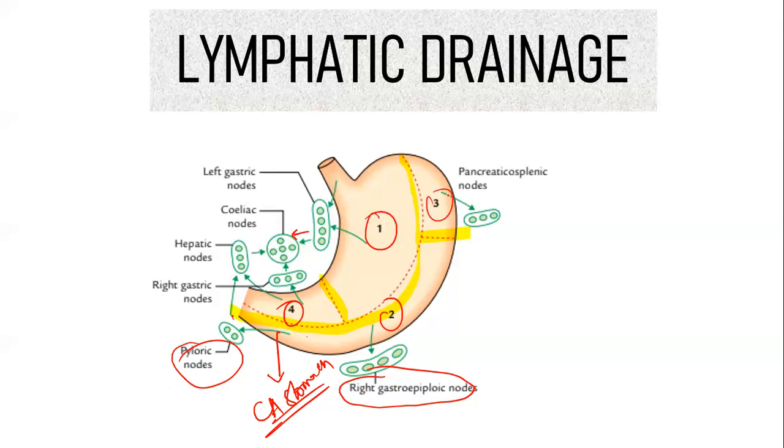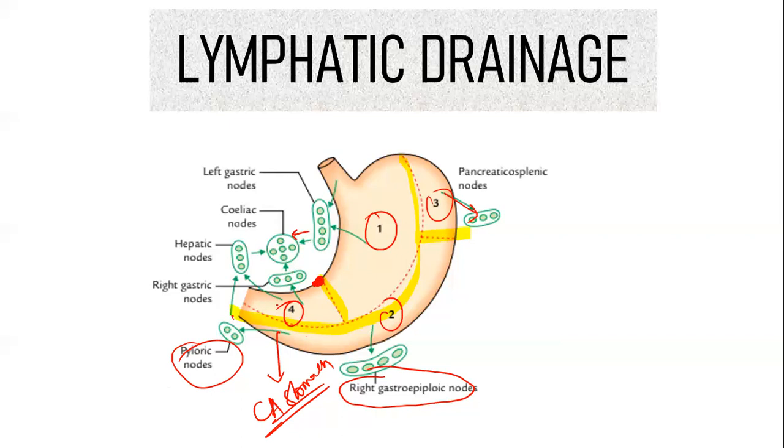Area 3 drains into the pancreatico-splenic nodes. In area 4, some of the lymph will drain into the right gastric nodes along the lesser curvature, slightly distal. Here we have an angular notch. Distal to the angular notch, the lymph is drained by the right gastric nodes.